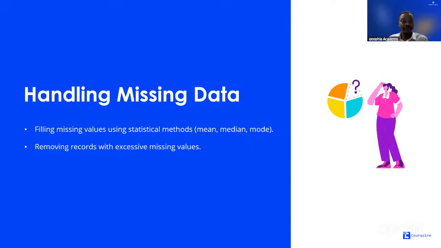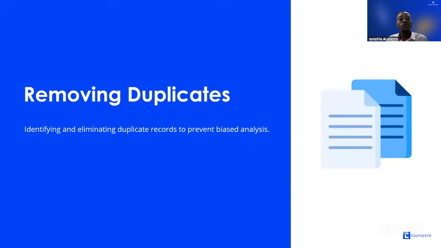So that is one of the things we do with data cleaning, handling missing data. Another one is removing duplicates. Here we just identify and eliminate duplicate records in order to prevent biased analysis. I want to believe that is pretty straightforward.